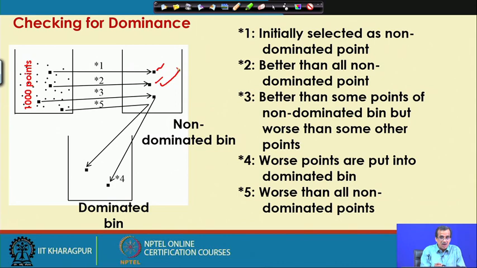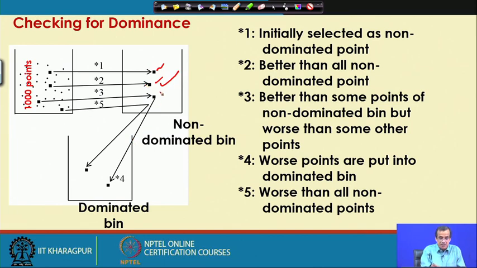Then we go for the third point. Supposing that this particular point is better than some of the points lying in the non-dominated bin, but it is found to be worse compared to some other points.